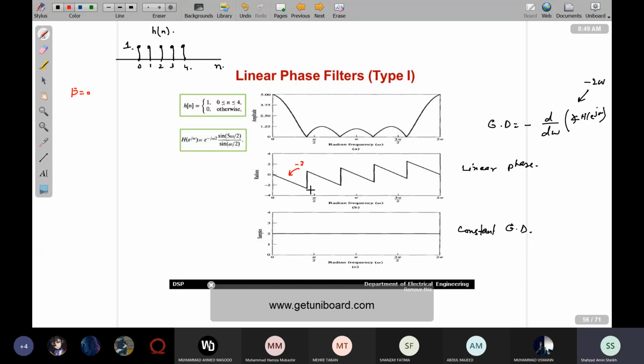But because of keeping it between minus pi and plus pi, we are having these jumps. Any questions?